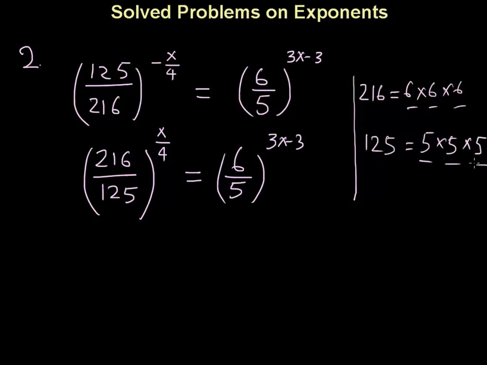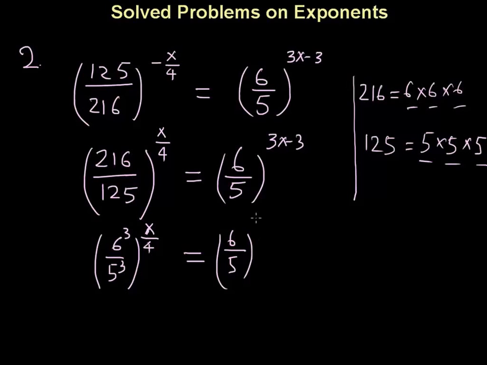So 3 times again. So what I can do is rewrite it as 6 upon 5. I can do 6 as power 3 and 5 as power 3, and I can put a bracket, x upon 4, and then this is again 6 upon 5 to the power 3x minus 3.